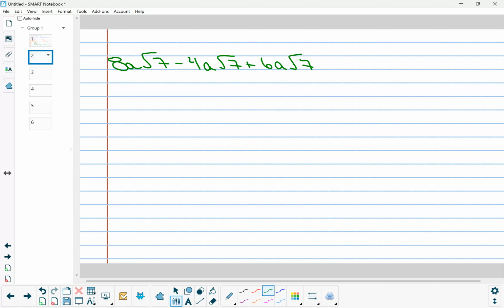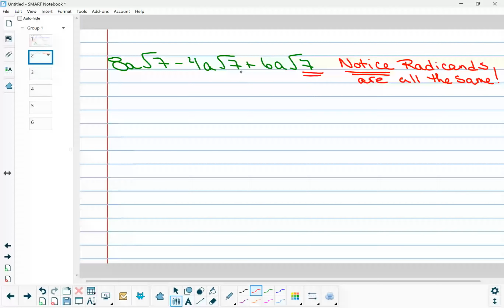So notice a couple things here. The radicands are all the same. Remember that a radicand is the number underneath the radical.